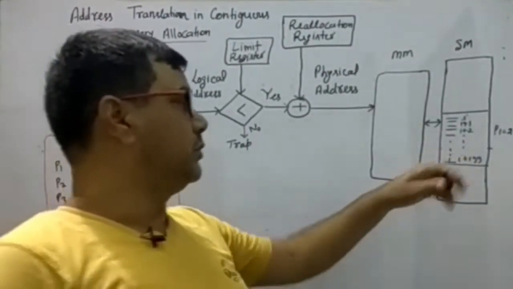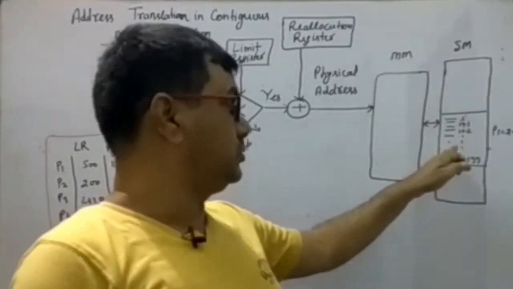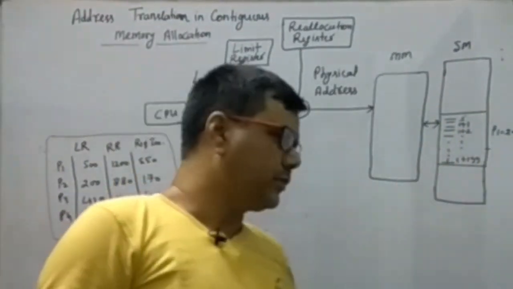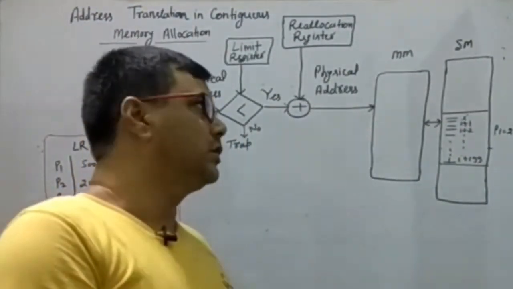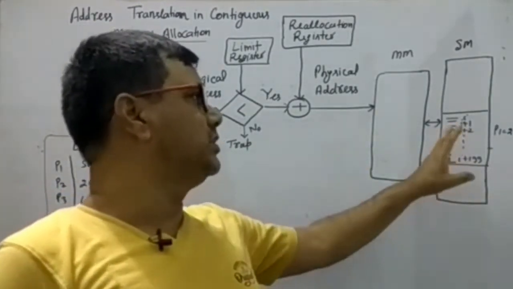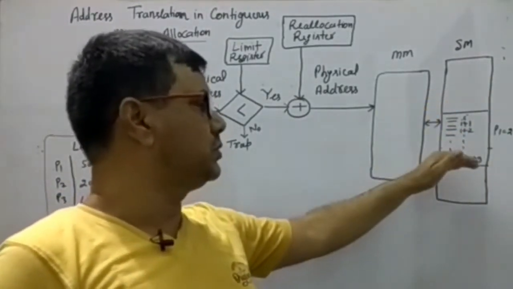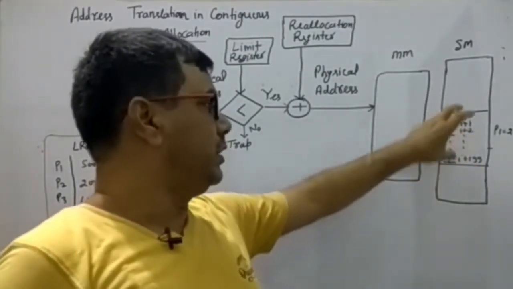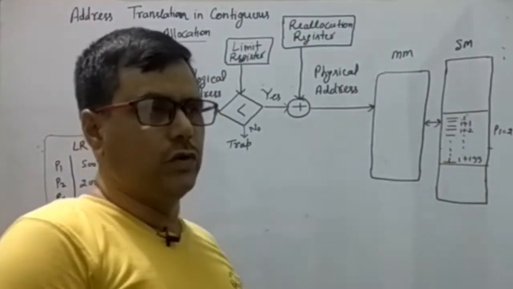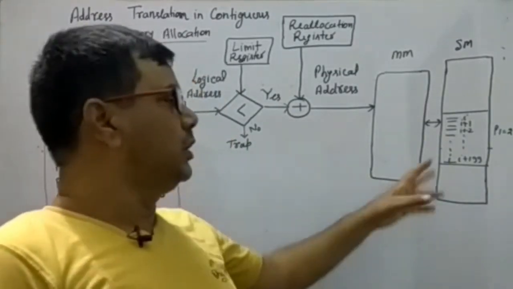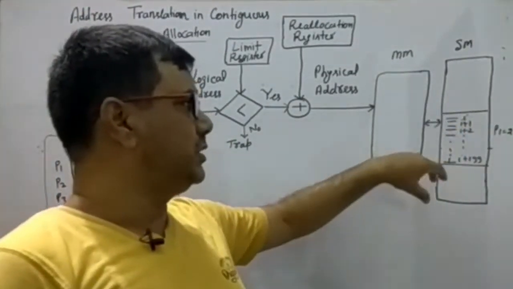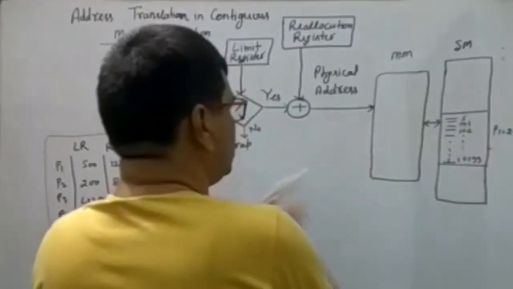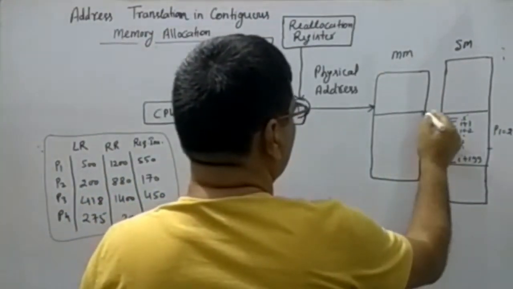Process P1 is in the secondary memory, and we have already studied that P1 can easily be mapped, because in contiguous memory allocation only a base address and the size are needed. Shifting is very easy, because if we know the base address and the size of the process, it can easily be transferred into the main memory.